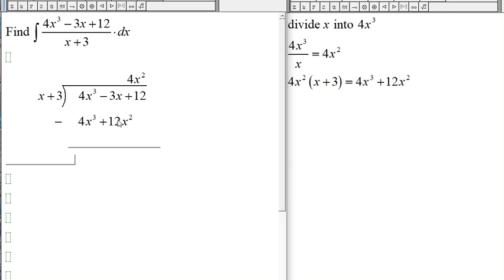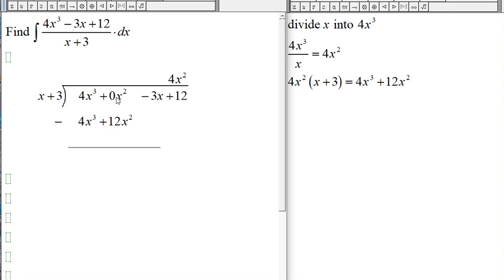And then since we don't have an x squared term in here, we can insert something like 0x squared so that we can do our subtraction.